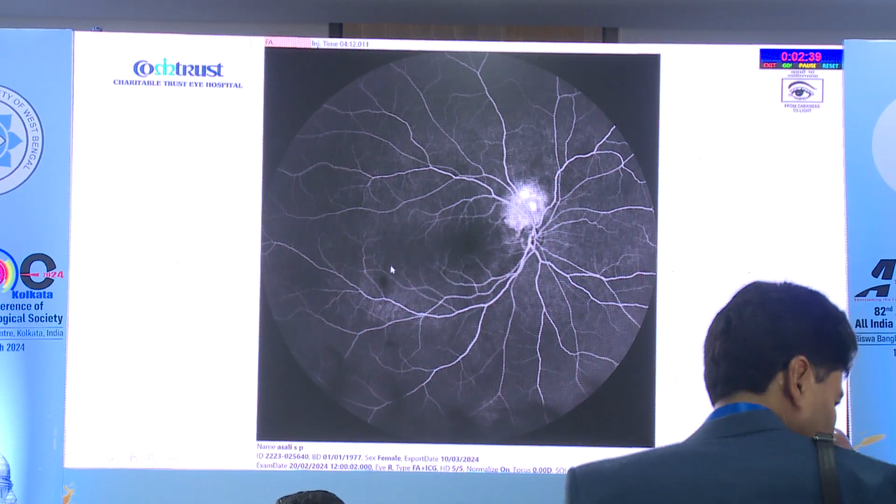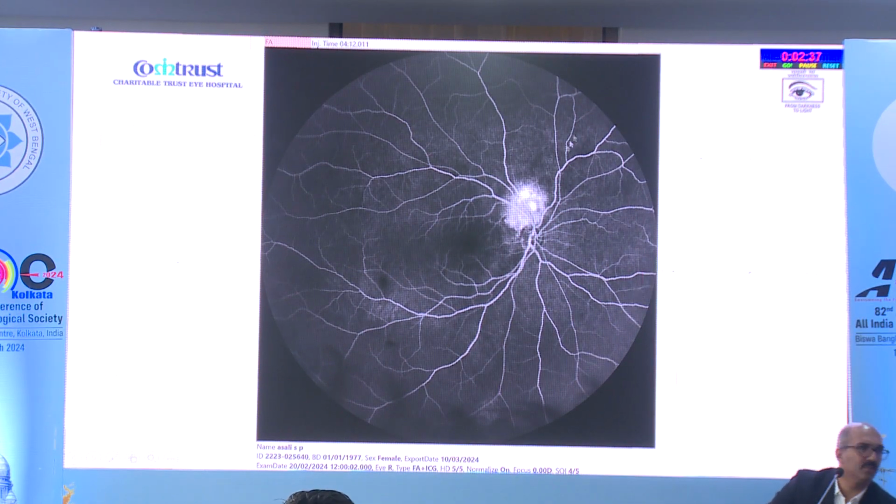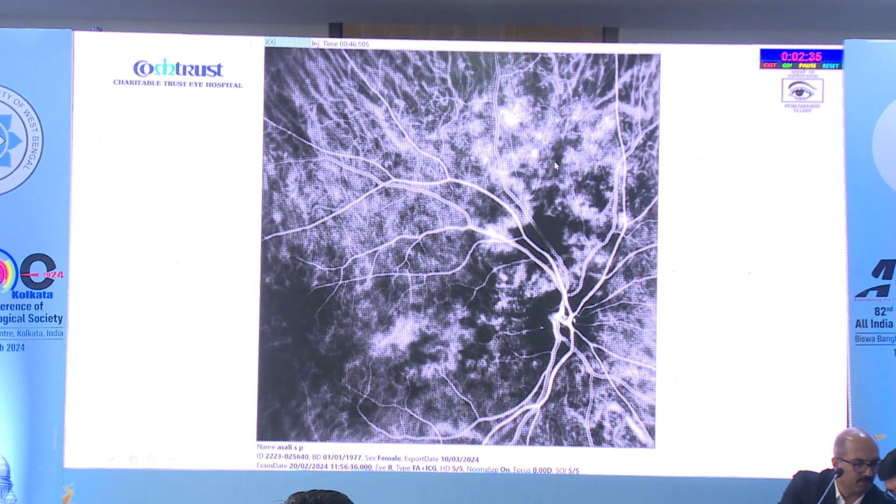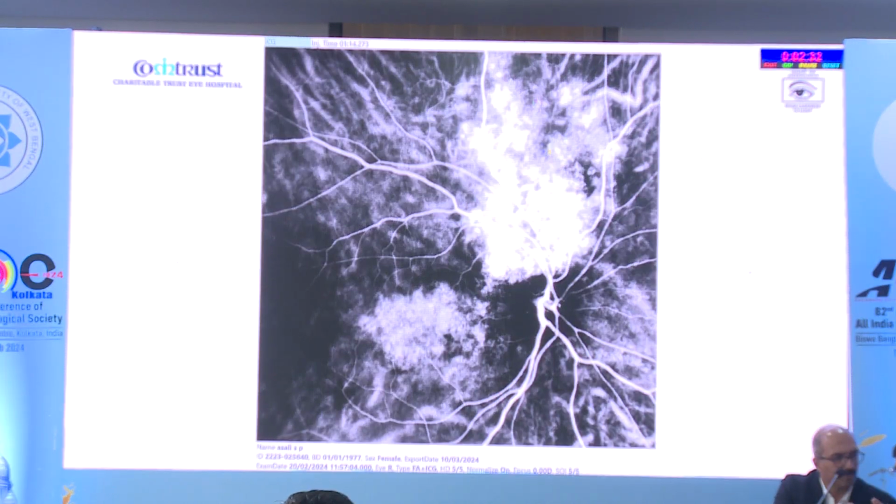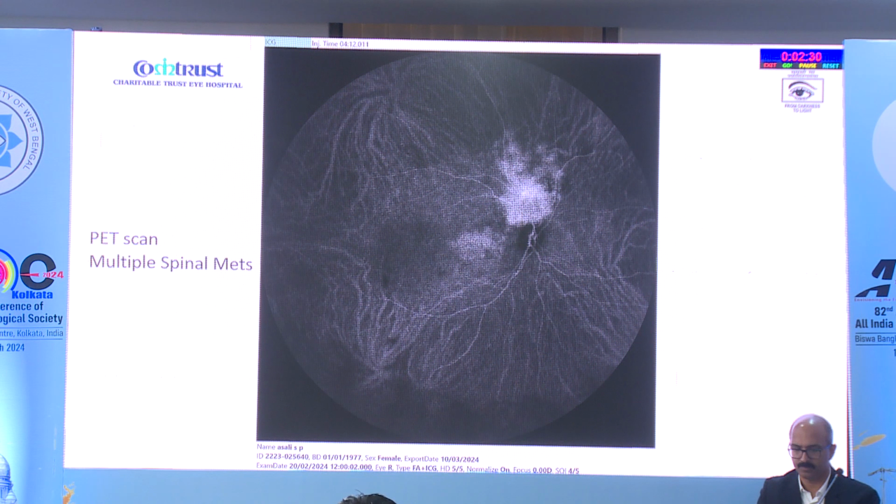Except for a small hyperfluorescent spot here, there are no other lesions seen, and ICG shows the intrinsic vascularity of this lesion. When a PET scan was done, there were multiple spinal mets also for this lady, and she was referred for palliative care.